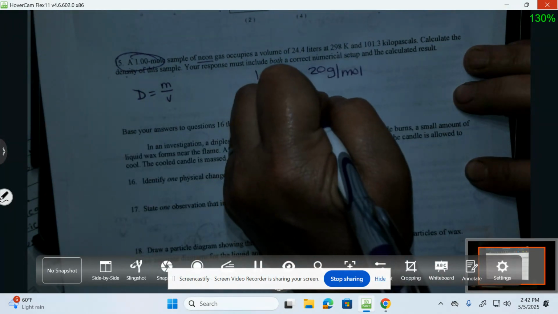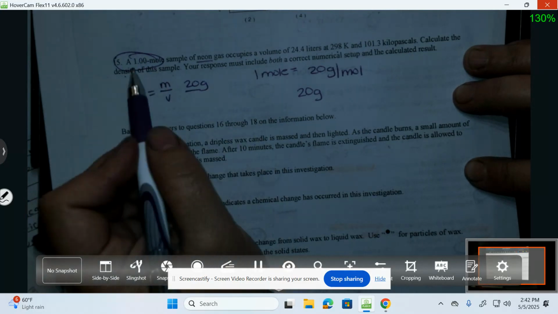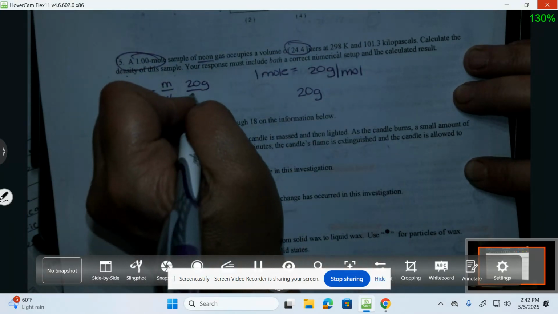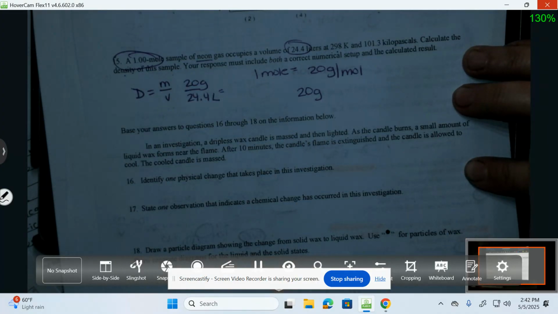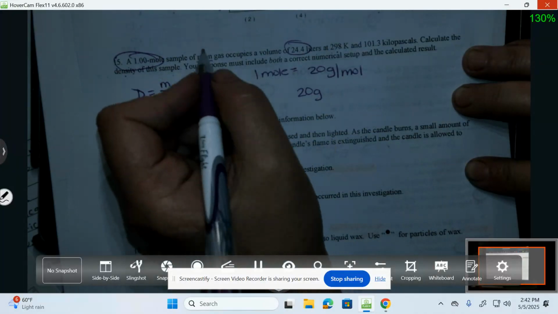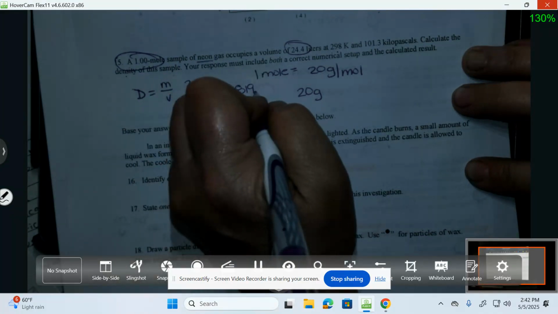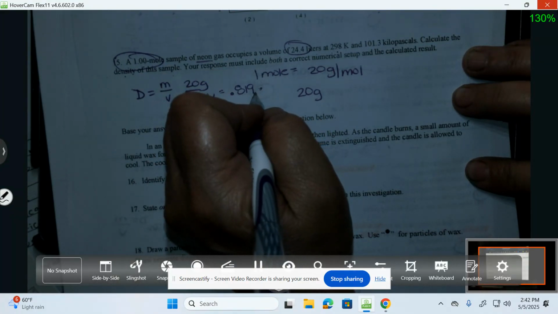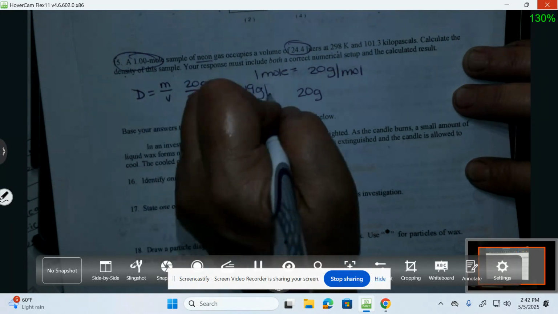That means I have 20 grams. If I have 20 grams and my volume is 24.4 liters, what's 20 divided by 24.4? No, it's less than 1. 0.819. Grams per liter.